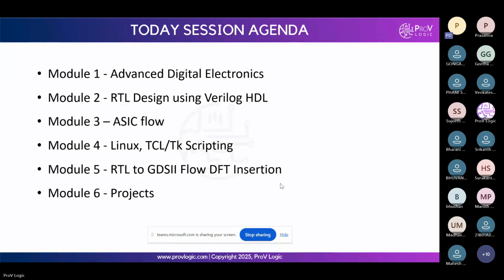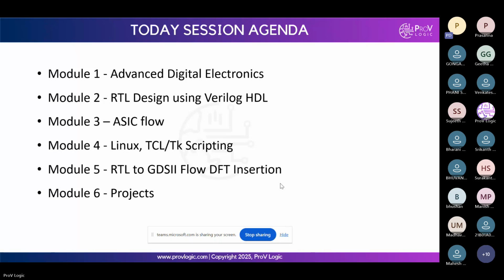When we are building a house, we make a top level view, a blueprint of the house, right? Similarly, when we design an IC, this final layout will be designed by a physical design engineer. This layout is called the GDS layout, a graphical data stream layout. This is the final output of physical design engineers.